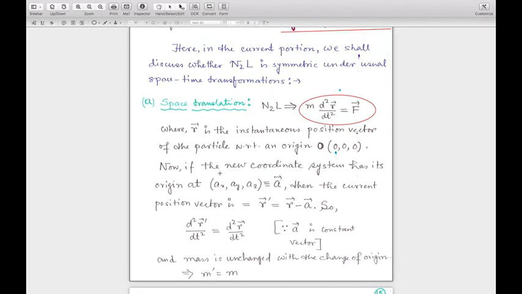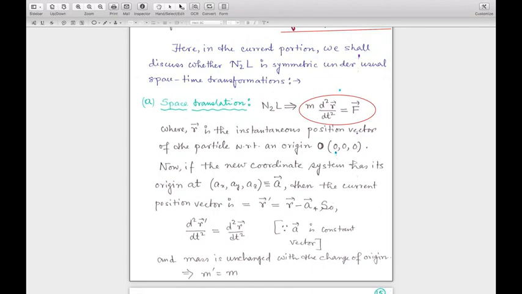Now, if we define a new coordinate system with a new origin at A, of course A is a vector having components ax, ay, and az, and A is a constant quantity. So if we just shift the coordinate system by a constant amount, then the new position vector will simply be r prime, which is equal to r minus a.